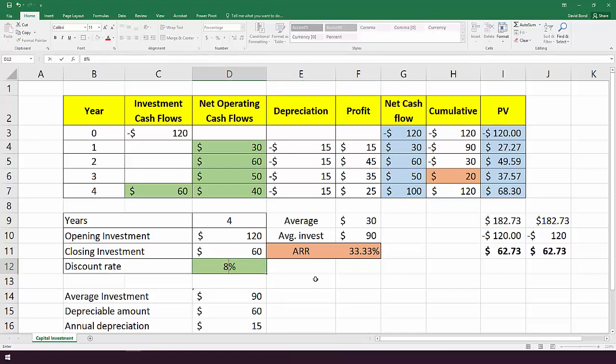If we change it to 8%, the project looks even better. If we change it to 15%, the project's still viable, but the net present value drops. So the discount rate does have quite a dramatic effect on the net present value calculated. And so do the choices made here.